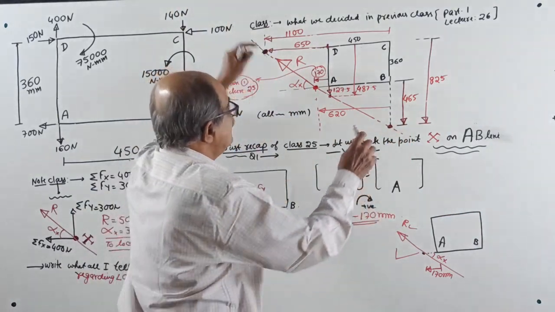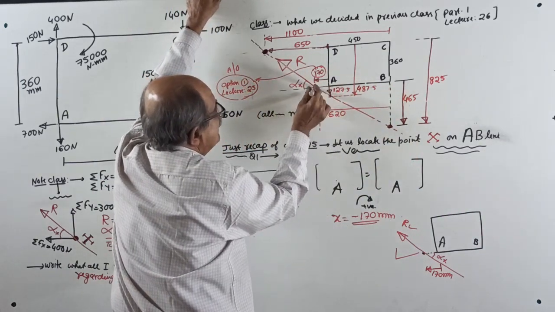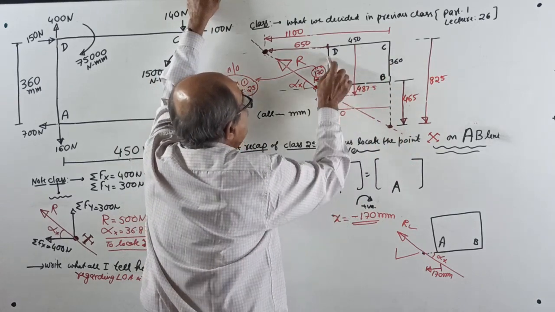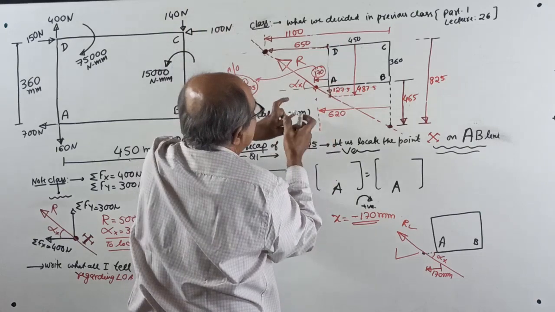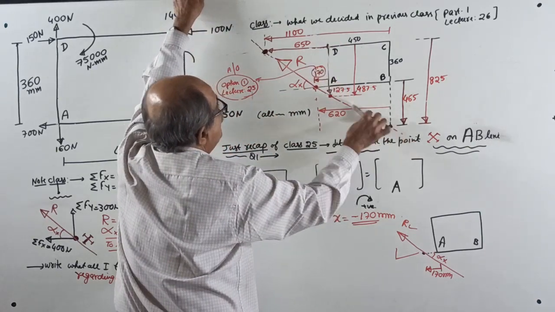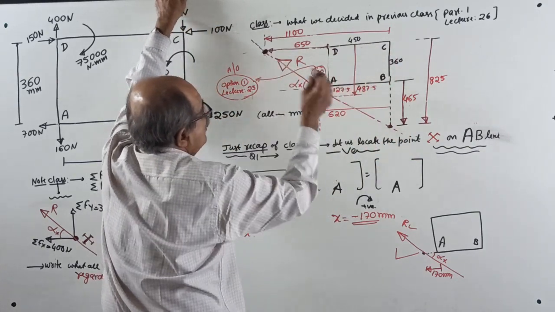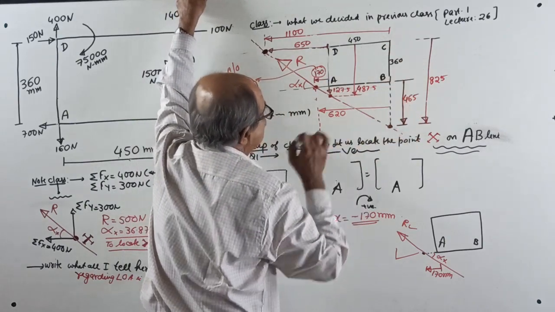See here, this resultant will cut the AB line here. This resultant will cut the AD line here. This resultant will cut the DC line here, or this resultant will cut the BC line here.